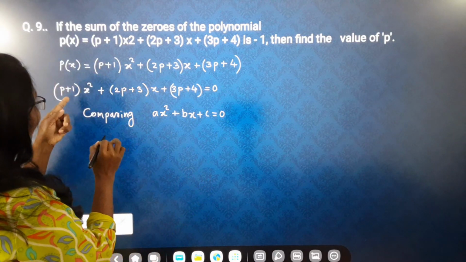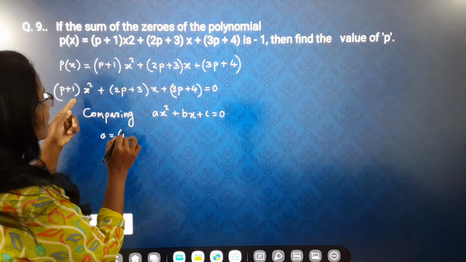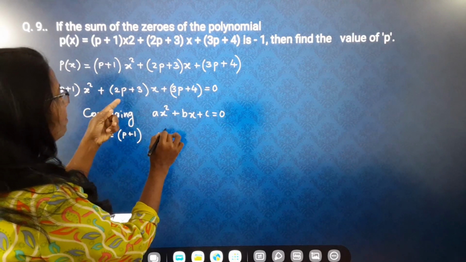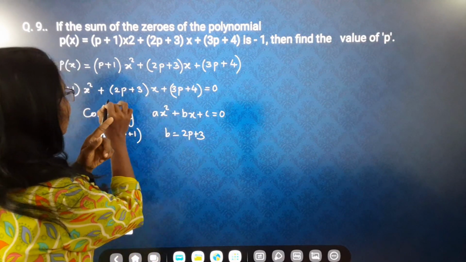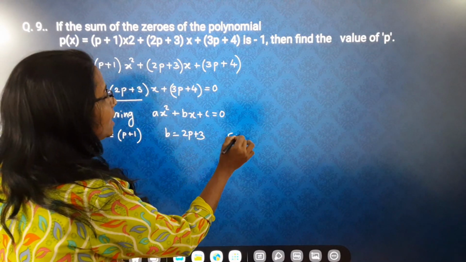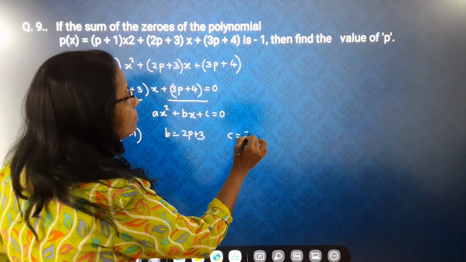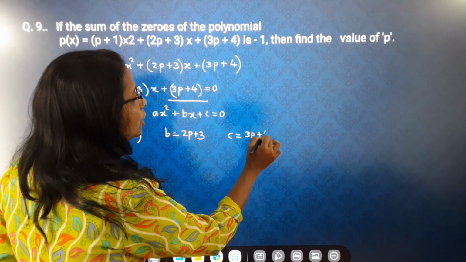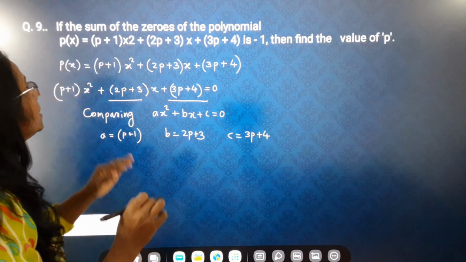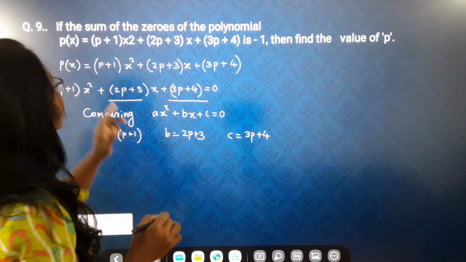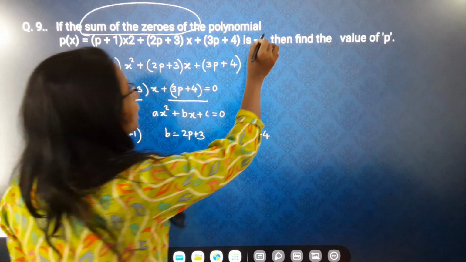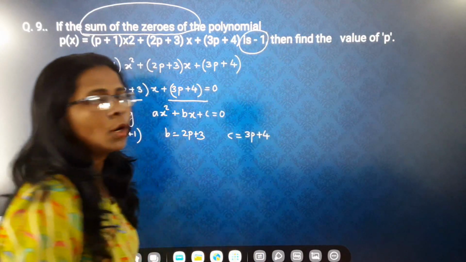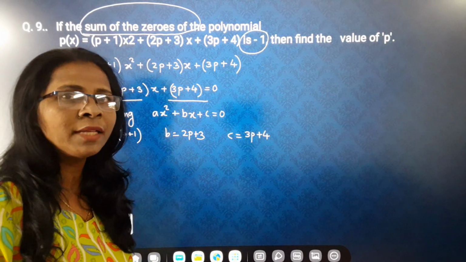So here a is equal to p plus 1, b is equal to 2p plus 3, and c is equal to 3p plus 4. Now the given is that the sum of the zeros is minus 1.